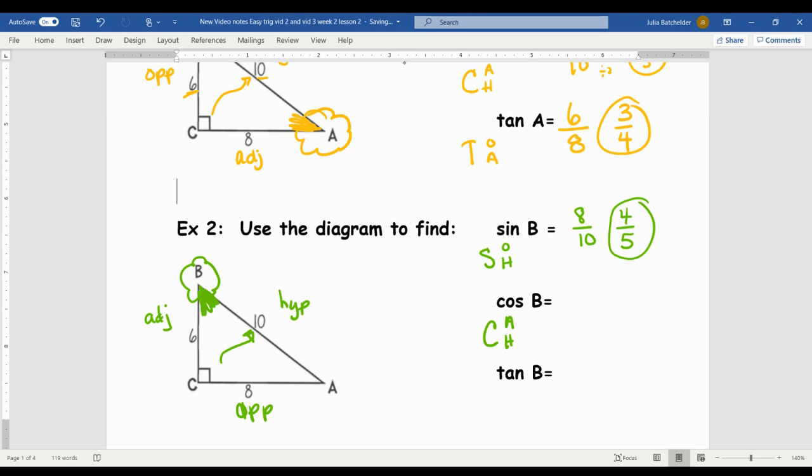The adjacent side for angle B is 6, and the hypotenuse is 10. Divide both by 2, that's going to give us 3/5. And tangent is going to be opposite over adjacent. The opposite side for angle B is 8, and the adjacent side is 6. Since they're both even, we're also going to divide by 2. So 4/3 will be our final answer.